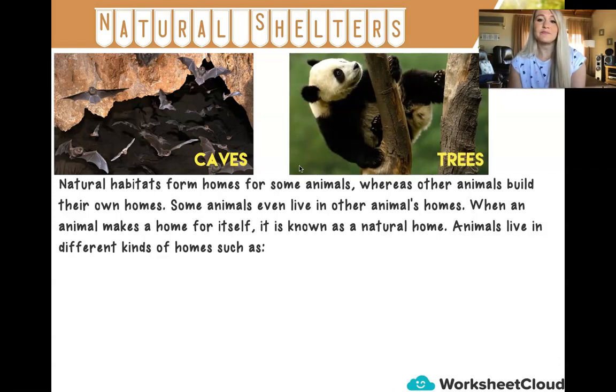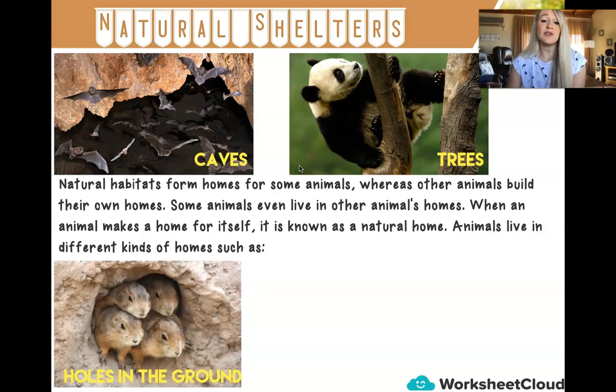Trees, many animals live in trees, from your mammals to many insects, reptiles. There's so many animals that live in trees. Animals also live in holes in the ground. A lot of animals bury and make these tunnels and burrows in the ground, and many of them live in the ground.